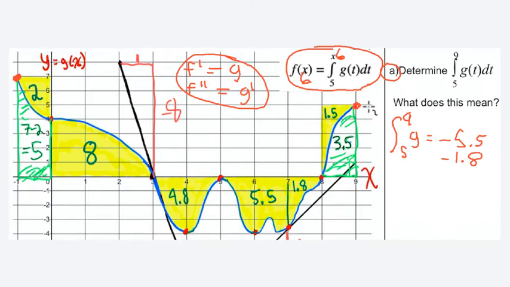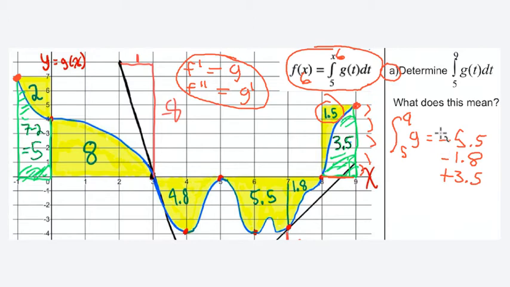So what we have to do is count the squares. 1, 2, 3, 4, 5, and it's only 1 wide. So this whole rectangle has an area of 5. If the whole rectangle has an area of 5 and this is 1.5, then 5 minus 1.5 is 3.5, and that's a positive area, so we add 3.5.